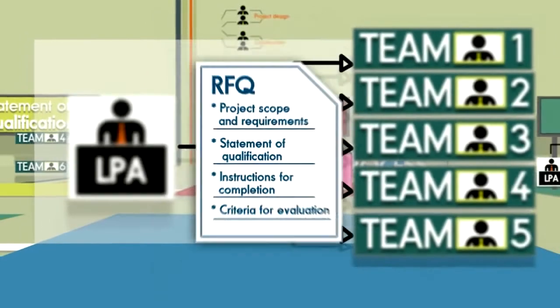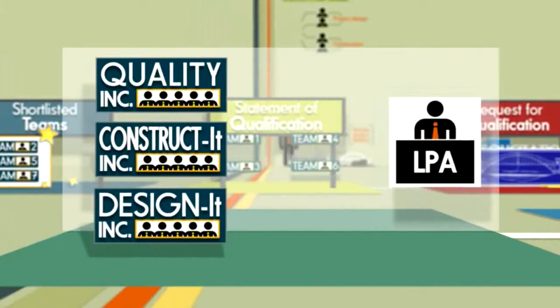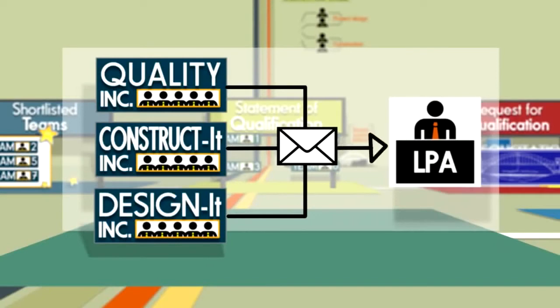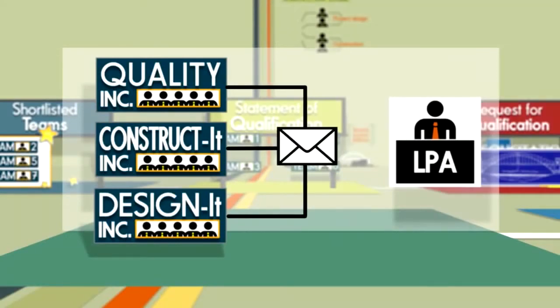It is usually at this stage that companies form legal partnerships and develop project-specific design-build teams. In our scenario, Quality Incorporated, Construct It Incorporated, and Design It Incorporated respond to the RFQ by submitting their completed statement of qualifications. They also ask questions of the LPA for clarification.